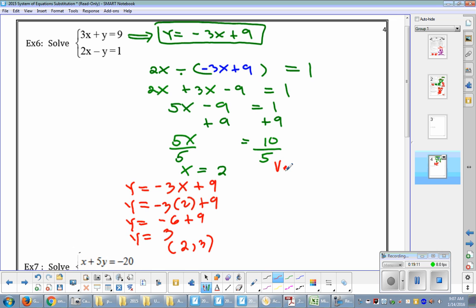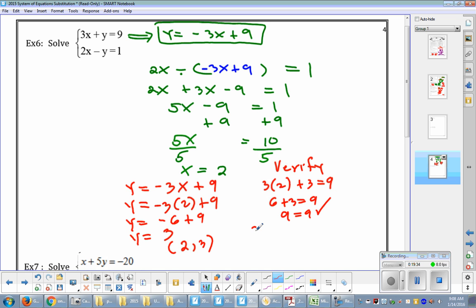Okay. Now don't forget to verify your answer. Replace your x from the first equation by the 2 here. My y is 3. So this is 3 times 2 is 6 plus 3. Indeed, it is 9 equal to 9. Okay.